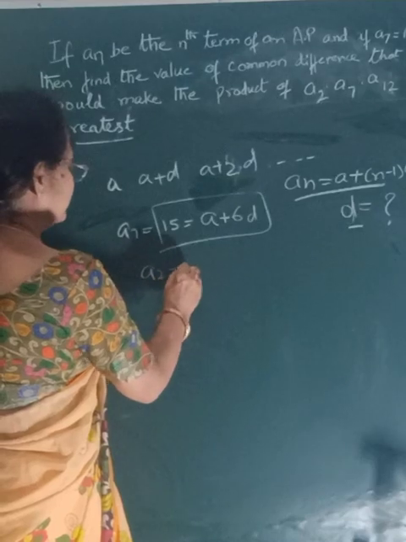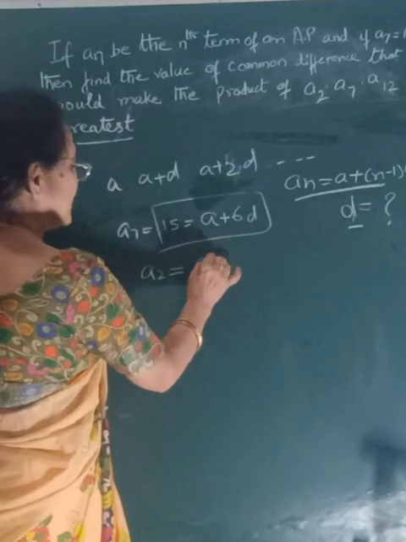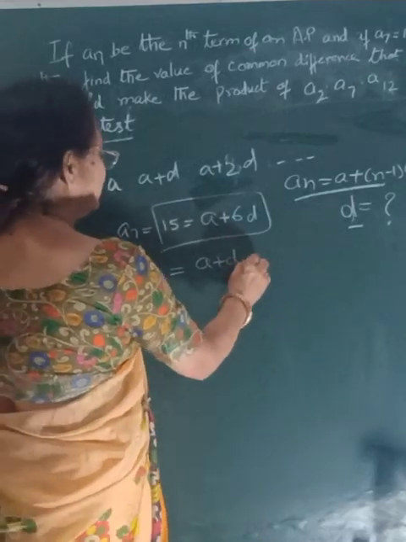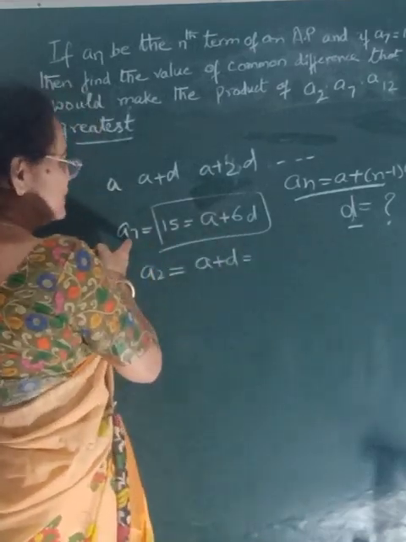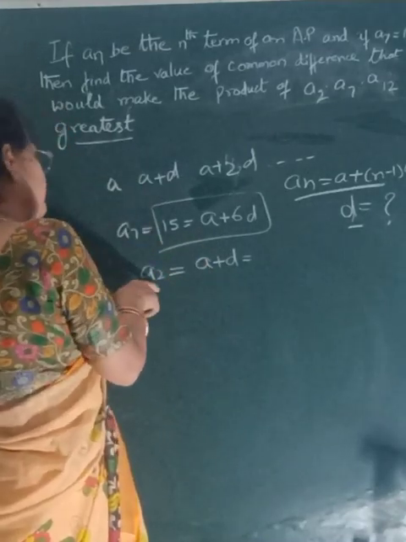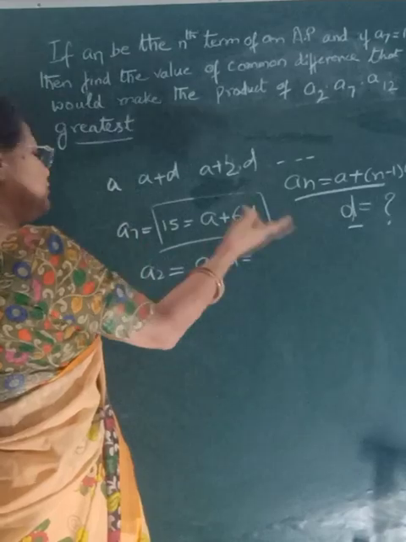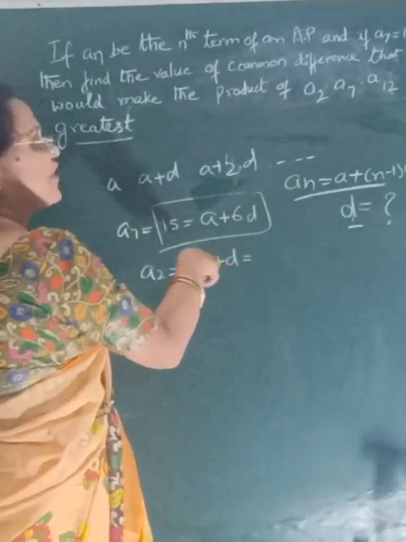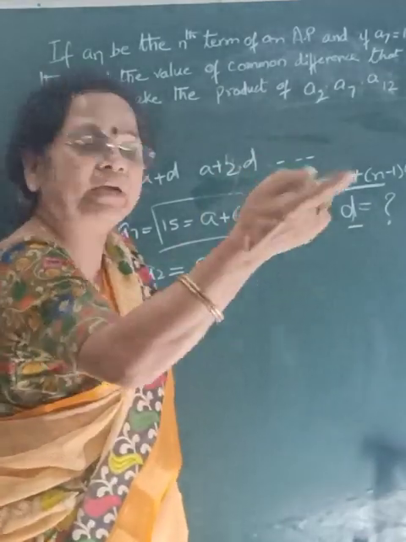A2 can be written as the second term, A plus D. Because A7 is given to us, we can convert A2 into terms of A7. यहाँ 6D है, यहाँ सिंगल D है, तो अगर इसमें 5D जोड़ दें तो 6D हो जाएगा, तो 5D घटा दीजिए.